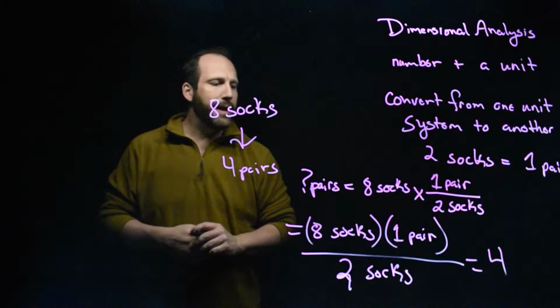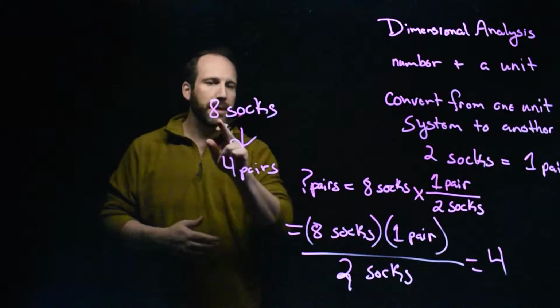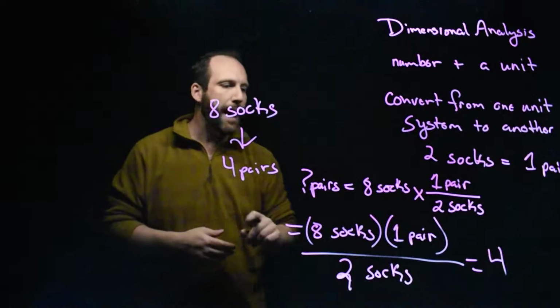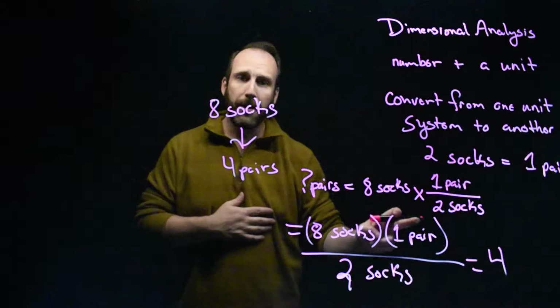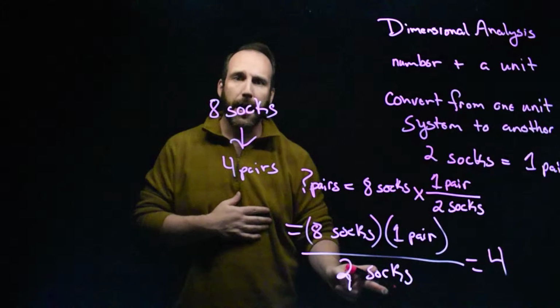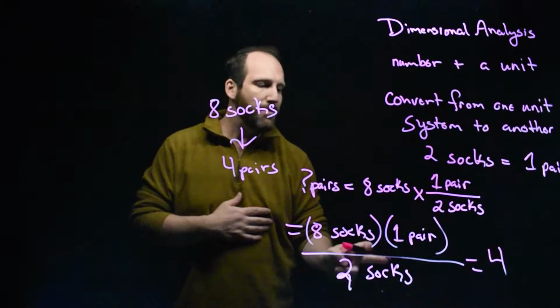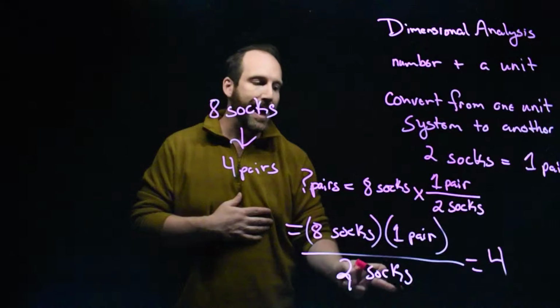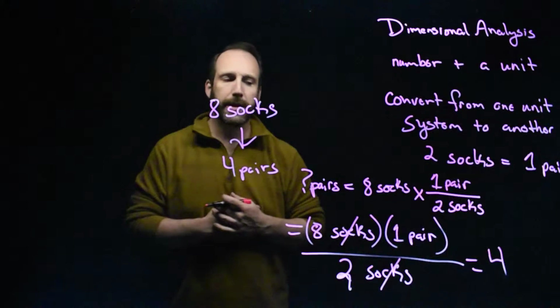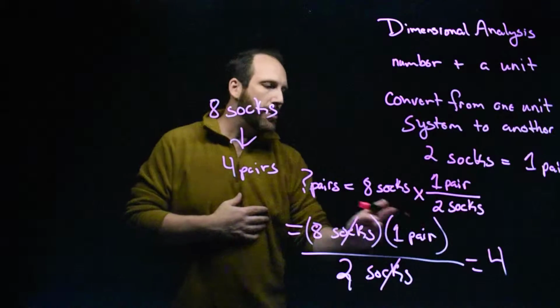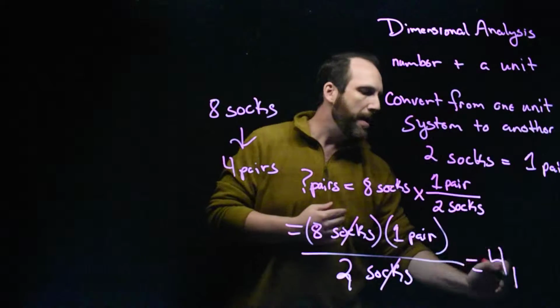So now, how did I get from socks to pairs? Well, look what happens here. I have the unit socks times the unit pair divided by the unit socks. Anytime you have the same unit in both the numerator and the denominator, those 2 units cancel. Okay? And so now the only unit that we have left is pair.